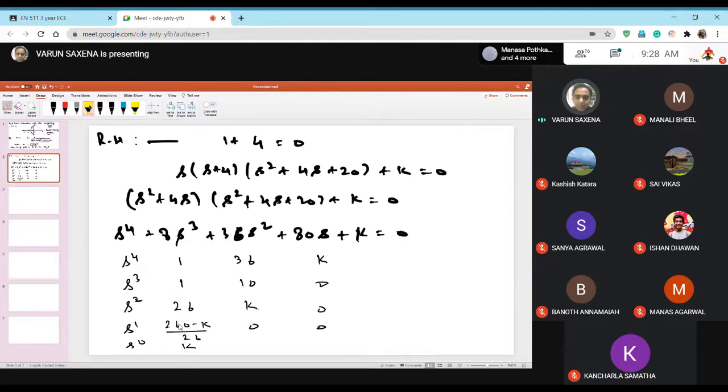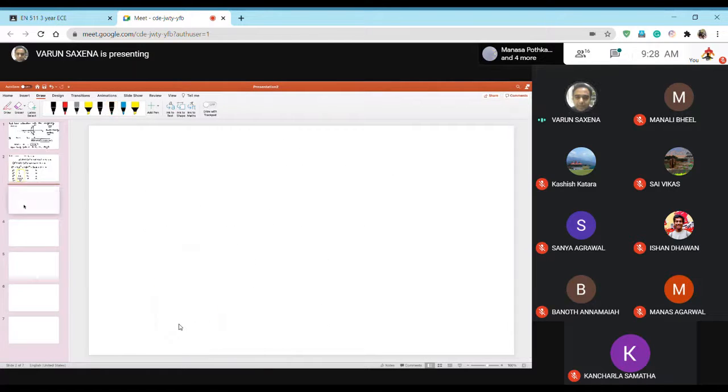And if you remember, in RH criteria, we used to consider the first column. So if you consider the first column, you will see that everything is positive, and for everything to be stable, we must have two conditions satisfied.